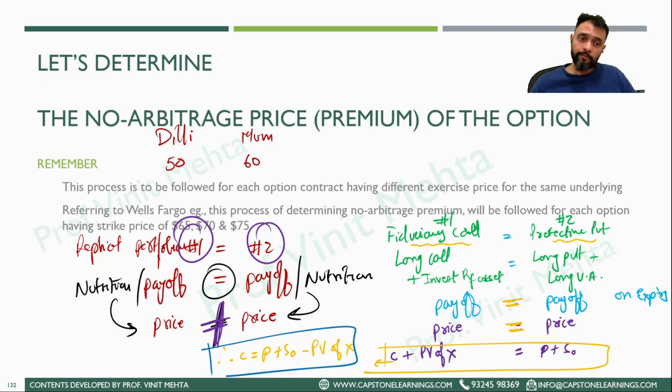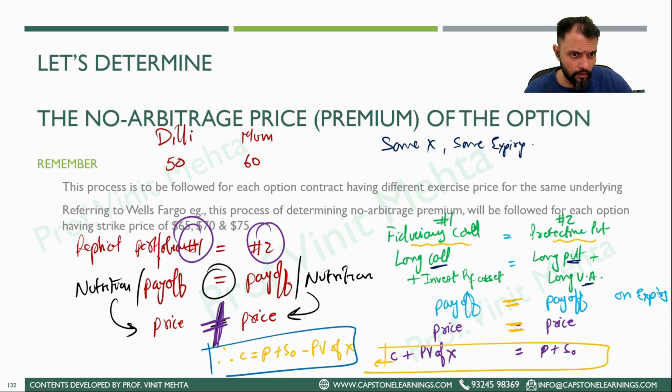Any questions? And yeah, one last thing. You see, this long call or long put or the underlying, there is an assumption that they all have the same exercise price. Whether it is a call option contract or the put option contract, they have the same expiry date, and they have the same underlying.